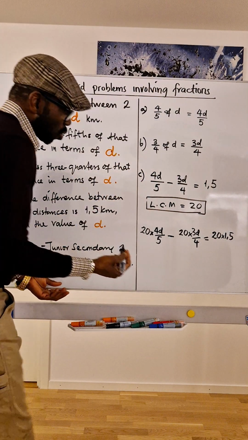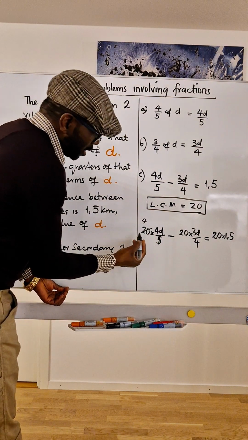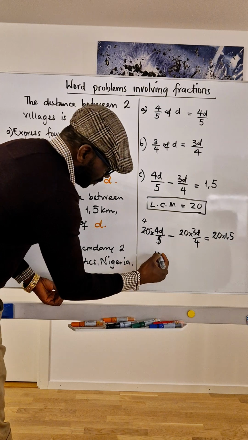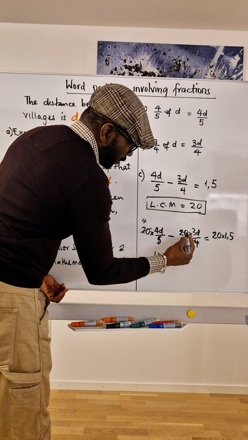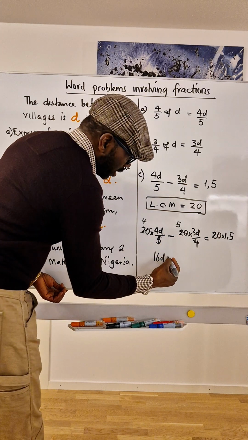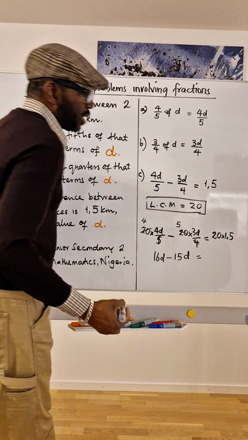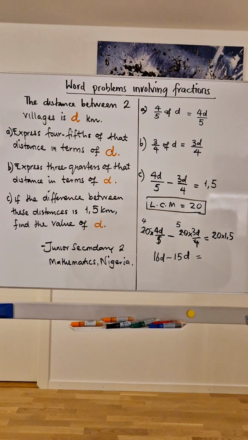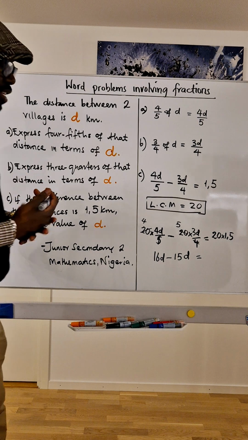All right. So 5, we go in 20 four times. This should be 16d. And 4, we go in 20 five times. So that will be 15d. And 20 times 1.5 is like 20 plus 10, which is 30.